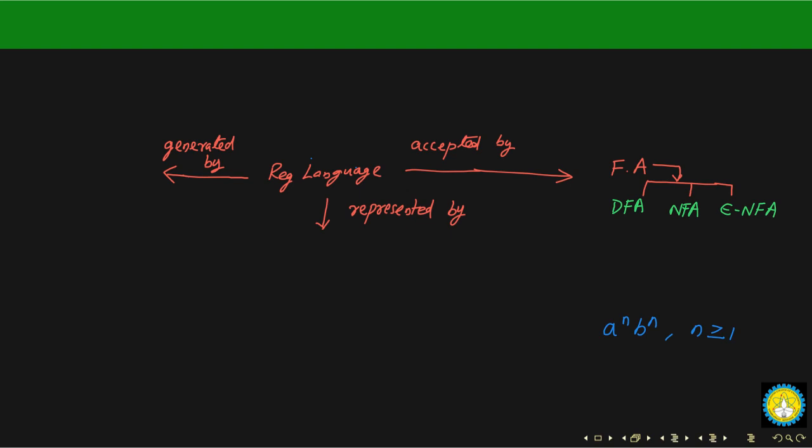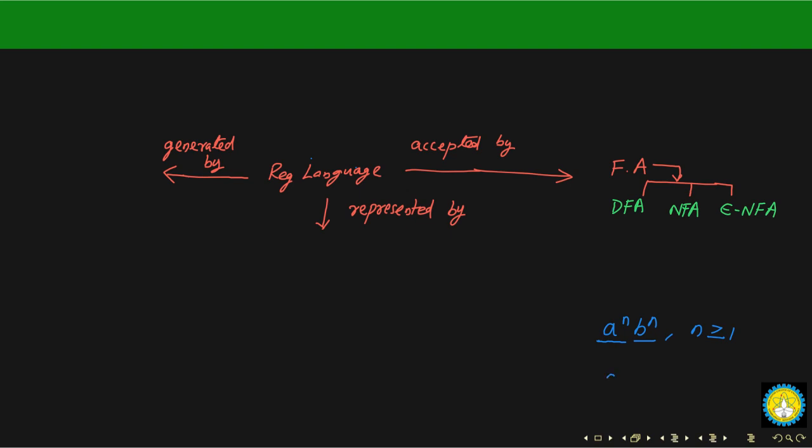Here we want to make sure that the language contains an equal number of A's and B's, in the sense that after seeing n A's, you should see exactly n B's. So this is a very typical example of a non-regular language. For this particular language, we cannot create an FA just because it is a non-regular language.